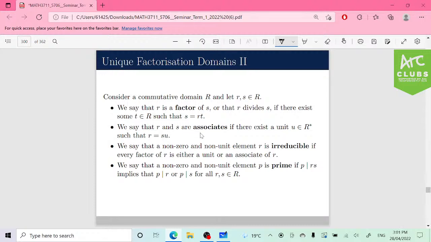We say that R and S are associates if we can find a unit U such that R equals S times U. And then we say that a non-zero and non-unit element R is irreducible if every factor of R is either a unit or an associate of R.